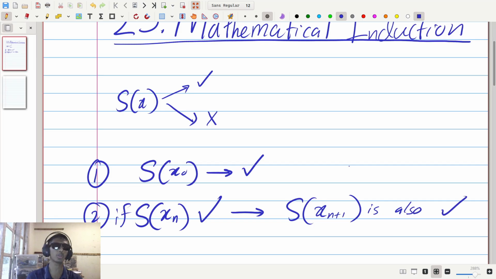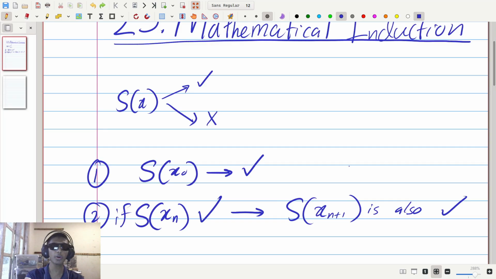Mathematically, we have some logical system that we can use to show that given a certain x, which I'm going to call x sub n, is true, we can then show that for the next value of x in that set of x's, which is represented here by x sub n plus 1, S of x sub n plus 1 is also true.